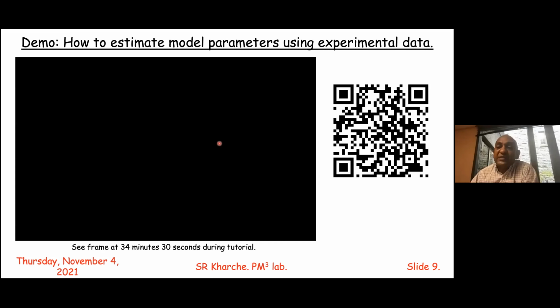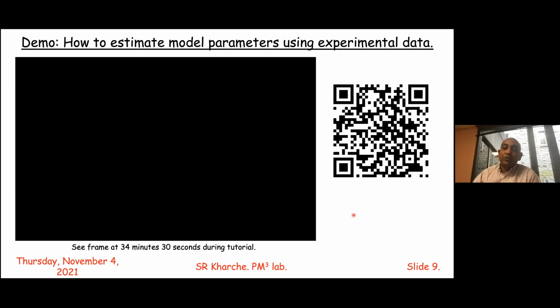But fine, before we start with boundary conditions, if anyone at all is curious as to how model parameters are estimated using experimental data, then this is a tutorial that we created a couple of days ago. This tutorial created by Amir and Abdus demonstrates how to estimate model parameters using specific experimental data.